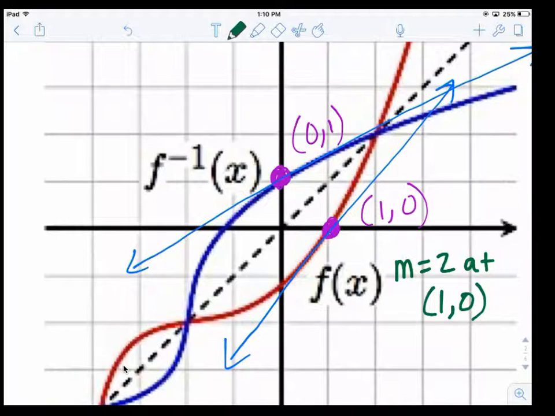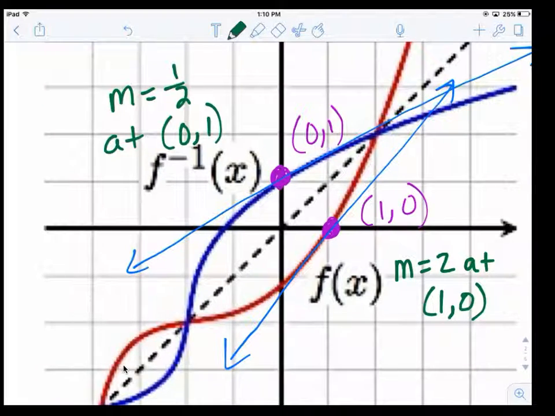So the slope then of this line going through (0, 1) would be what? 1/2, right? So the slope is 1/2 at (0, 1). I just made it up.